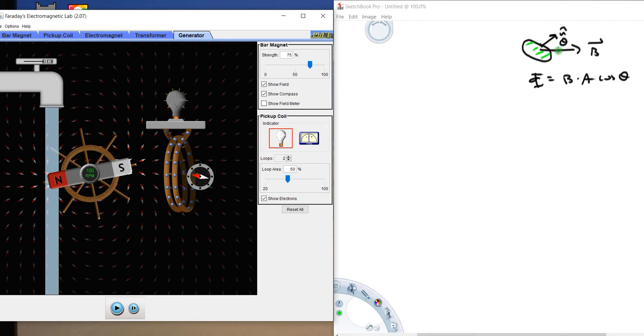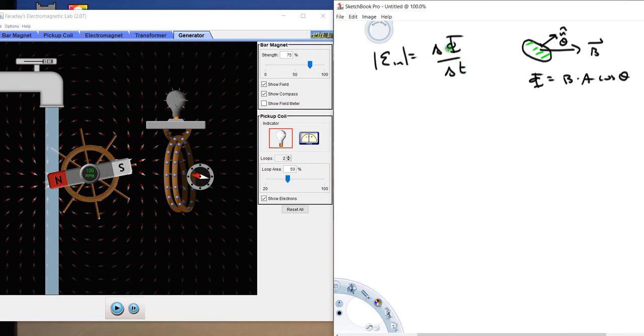Now, Faraday's law of induction basically states that anytime you change your magnetic flux, you're going to get a voltage induced in that loop. And that voltage, at least to within polarity, is equal to change in magnetic flux over change in time.